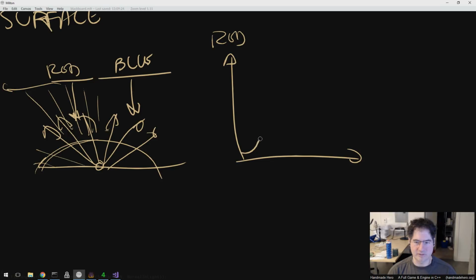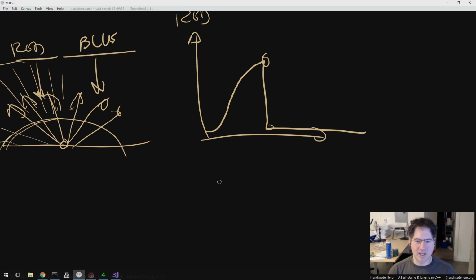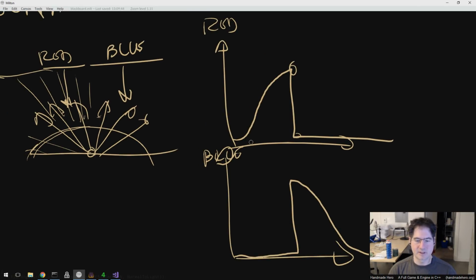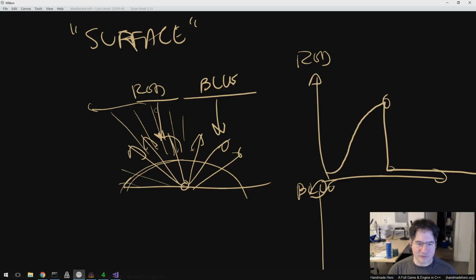Look at this nice thing that comes up, and then bam, it just ends right there, not because the light stopped, but because a different color surface was in the way. So here I just have no blue, no blue, no blue, bam, instant blue, and then down with the cosine again. So it's just whatever surface I'm seeing, even if it's not shadow.